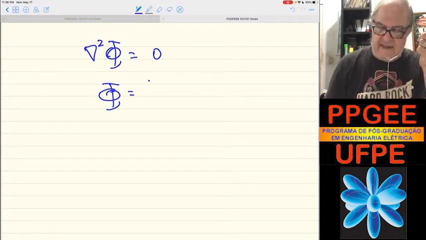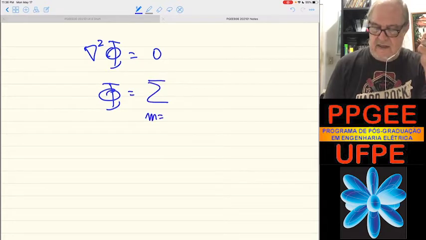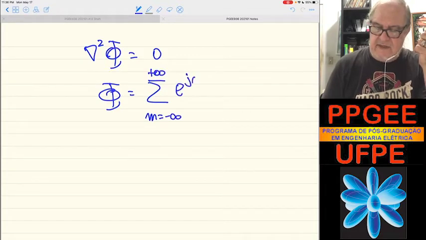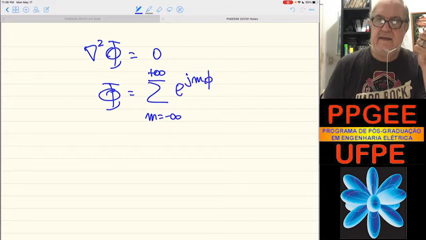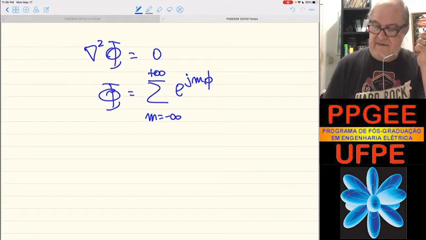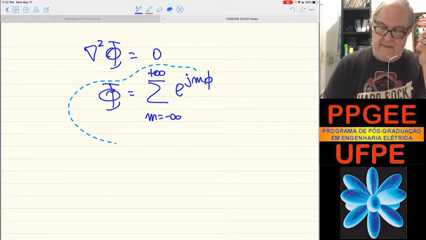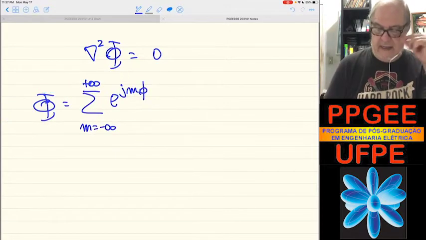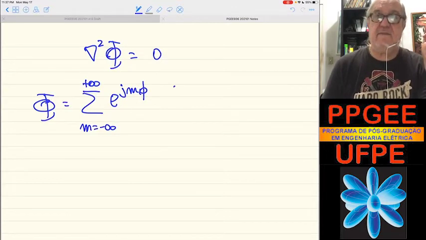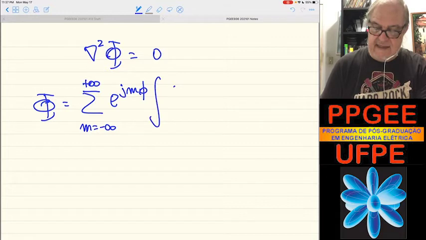I could have a sum from m equals minus infinity to plus infinity of exponential of i m phi. Then I would have some Bessel Fourier integral.